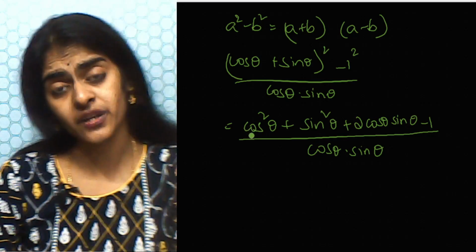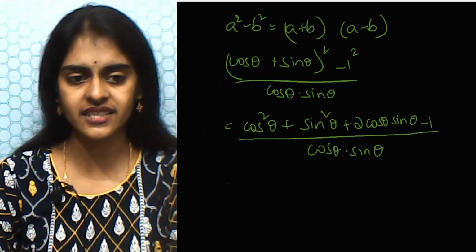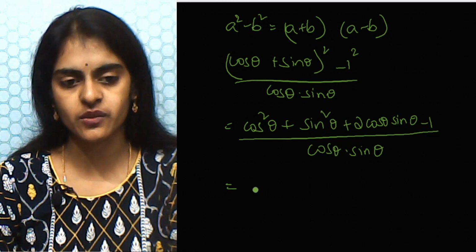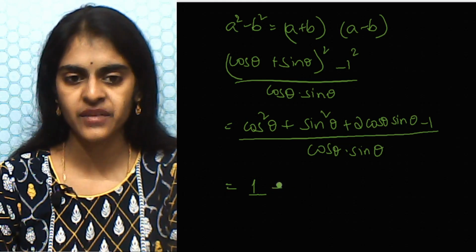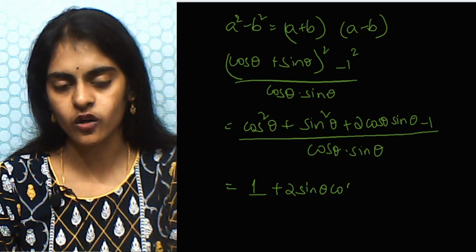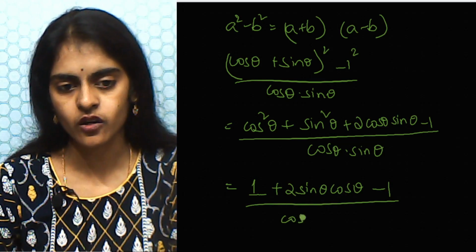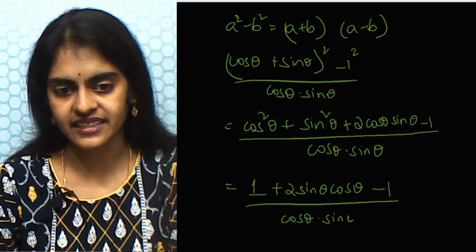Now using the trigonometric identity, you know cos square theta plus sin square theta is 1, isn't it? So this becomes 1, plus 2 sin theta cos theta, and minus 1 divided by cos theta sin theta.